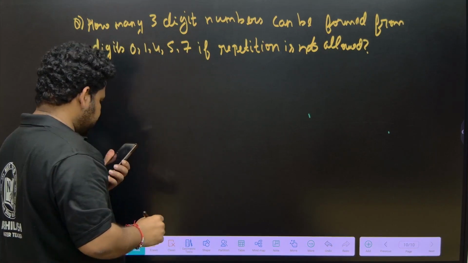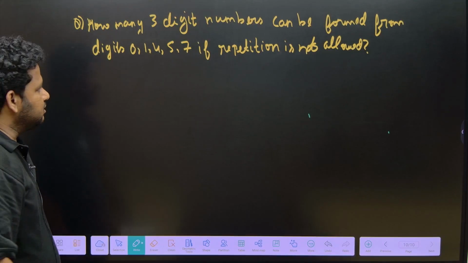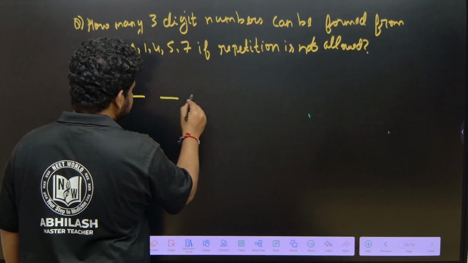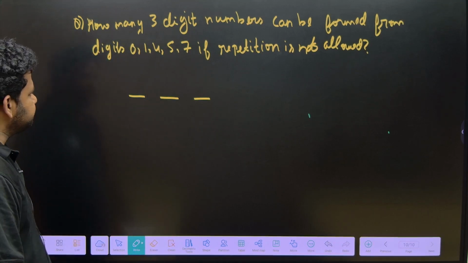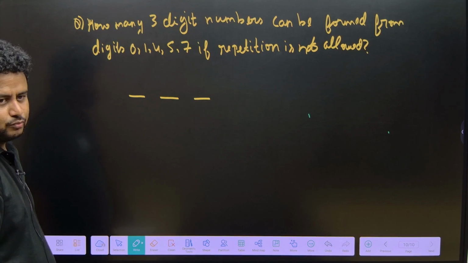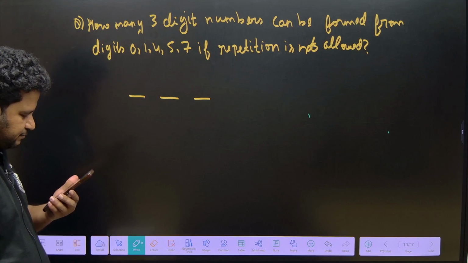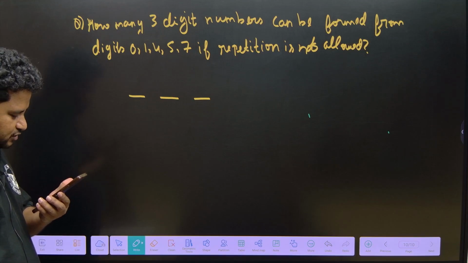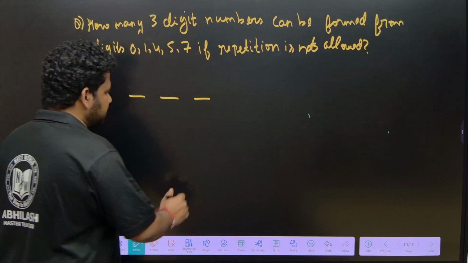They are telling, if repetition is not allowed. So how many 3-digit numbers? 3-digit numbers means I should write only 3 digits here, that's all. One case is ending with 0. So other cases are easy. Suppose, let me take 2 cases.